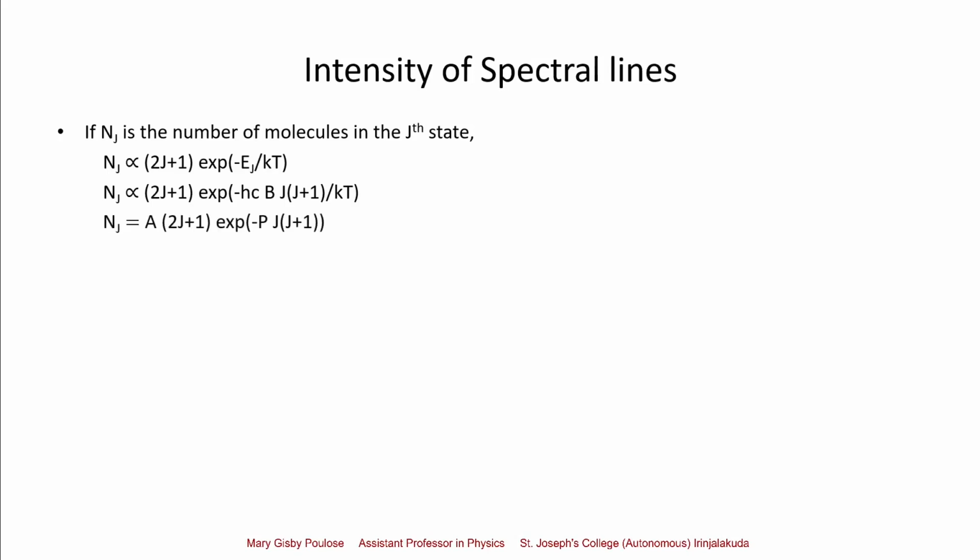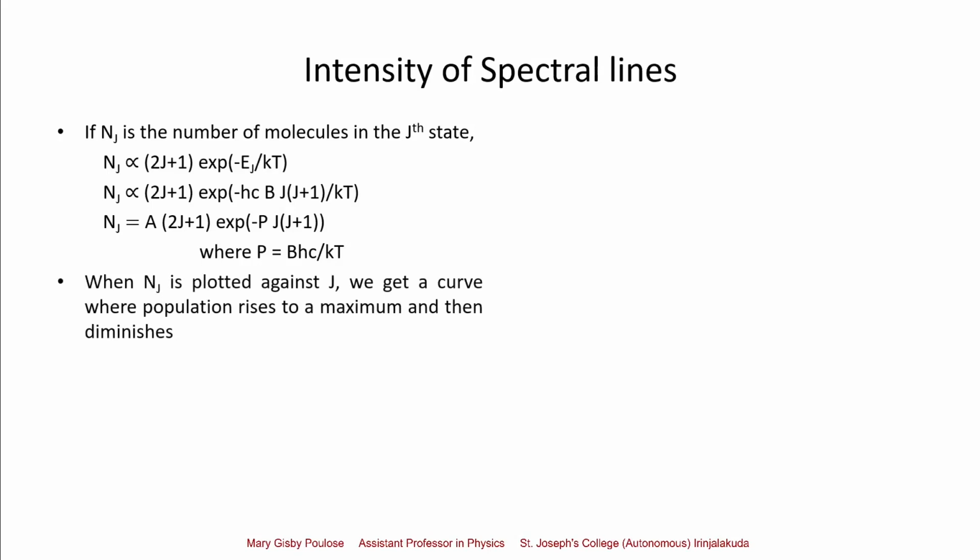Now, removing the proportionality constant, we can write Nj is equal to a constant A into 2J plus 1 into e raised to minus pJ into J plus 1. Here, p is just a constant that is introduced for ease of calculation in the further steps. So here p is equal to Bhc by kT.